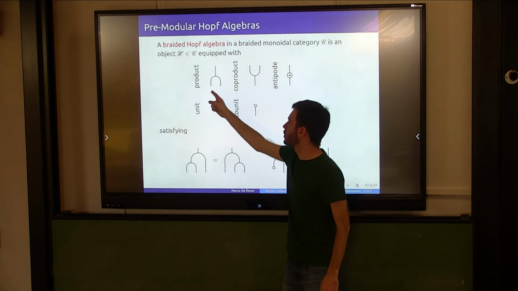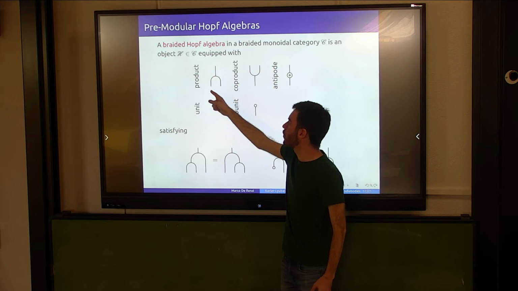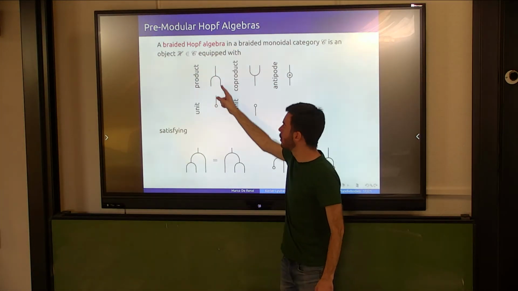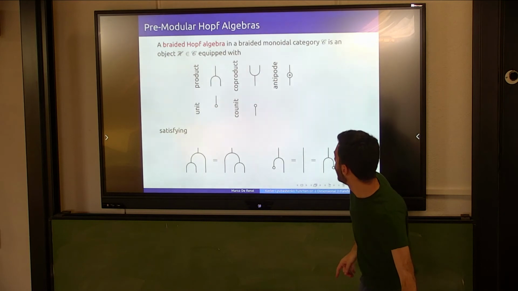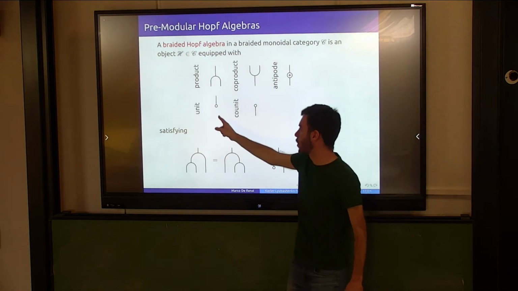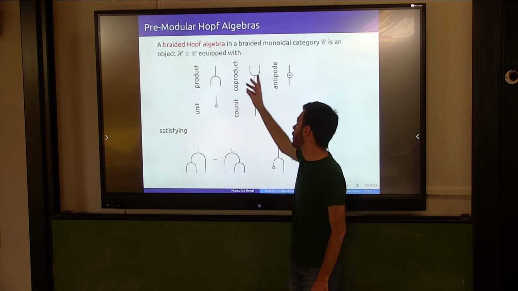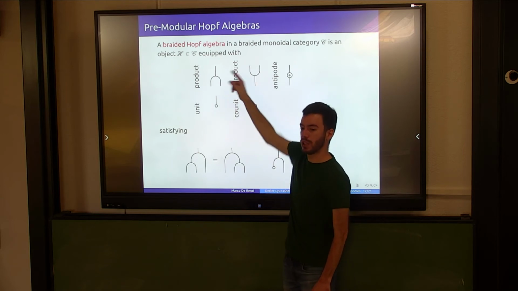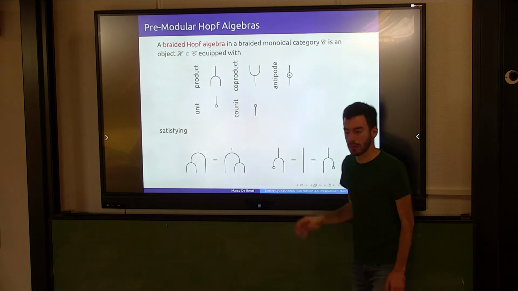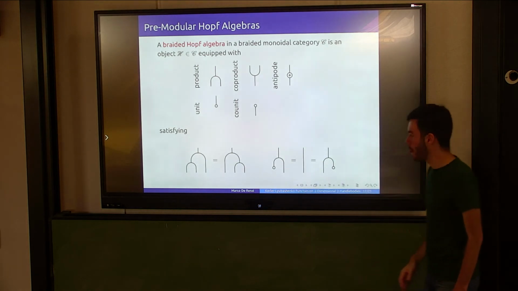So this is a product, a morphism from H tensor H to H. Then the unit is a morphism from the tensor unit of the category to H. The coproduct is a morphism from H to H tensor H, and so on. This is an endomorphism, right?